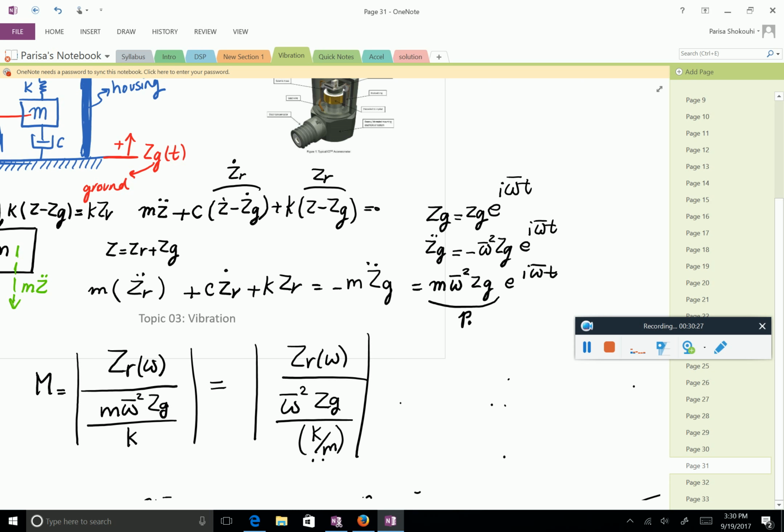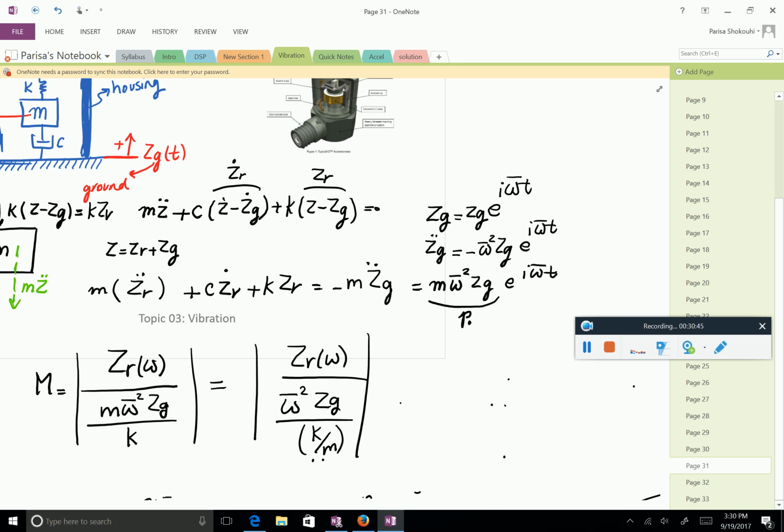I make this assumption. So my question is, what happens to those other terms that aren't related directly to the acceleration? These? Nothing. They're here. This is just the loading.